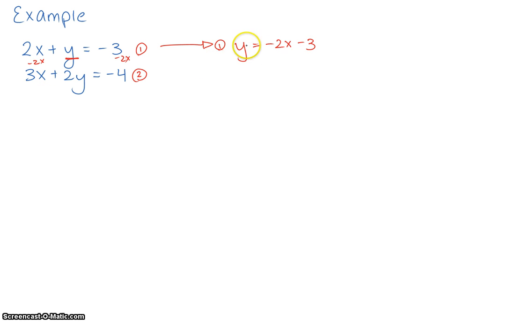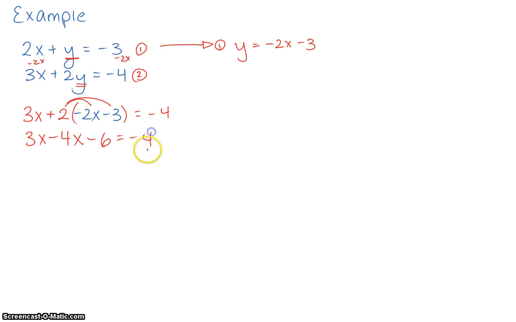Then I'm going to take y equals negative 2x minus 3 and plug it in wherever I see a y in the second equation. So 3x plus 2, and we're going to plug in negative 2x minus 3. We can then distribute: 3x minus 4x minus 6 equals negative 4.